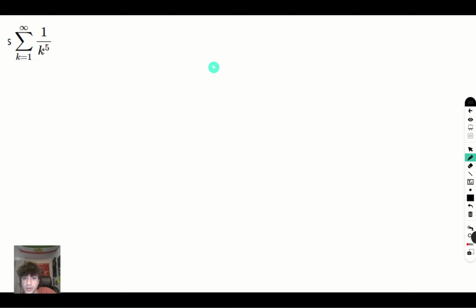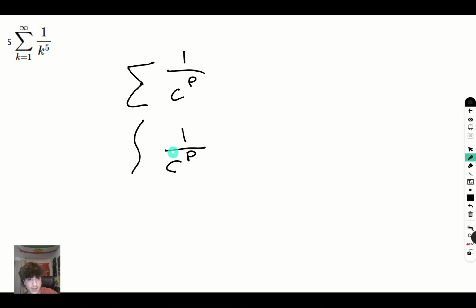So then we have our two examples. Here's what we're looking at. This is going to be a constant p. It's a sum, or we can have the integral from a constant to infinity.